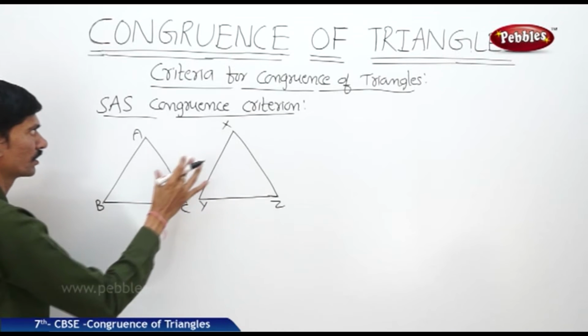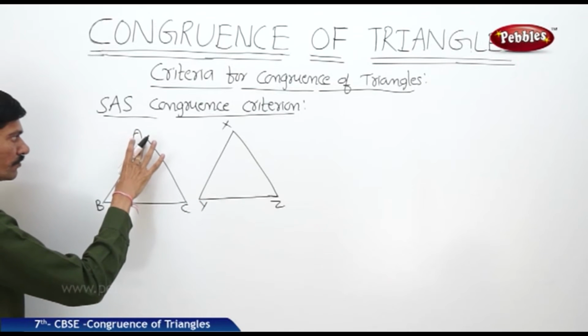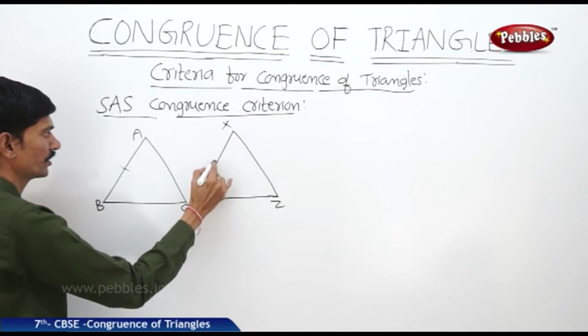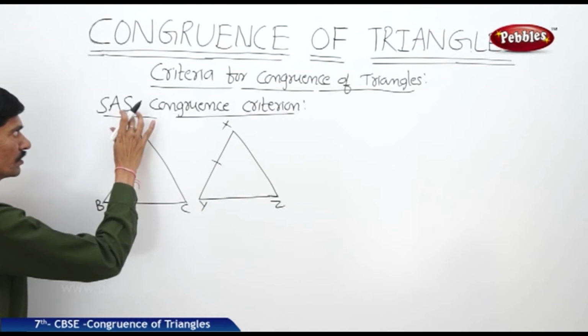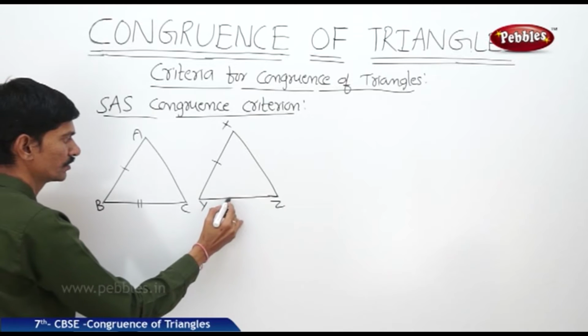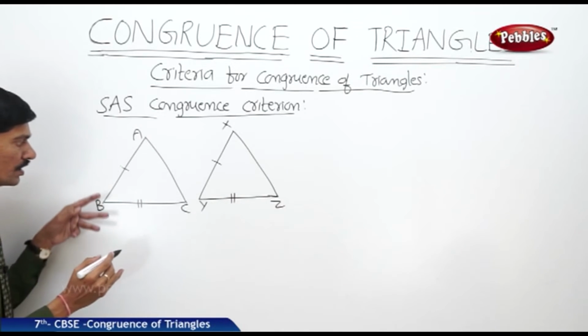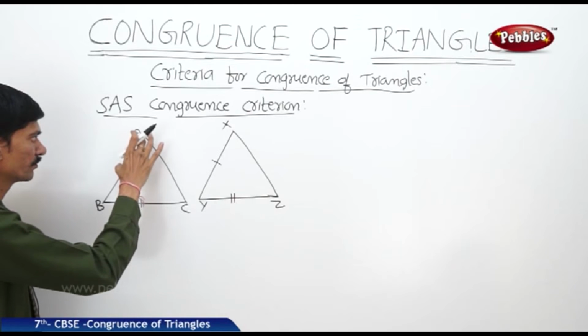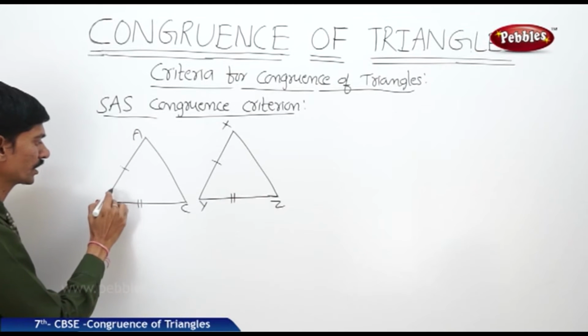Now in the two triangles, the length of the side AB equals the length of the side XY, and the length of the side BC equals the length of the side YZ. And what is the angle included between these two sides, between AB and BC? So that is angle B.